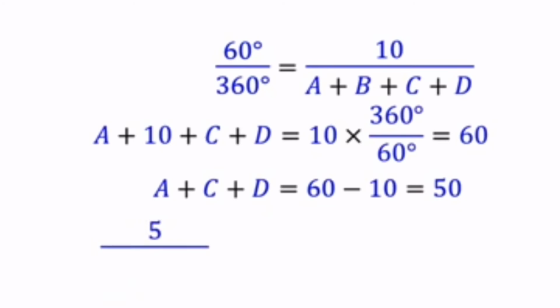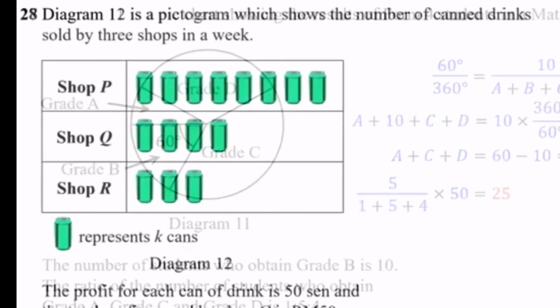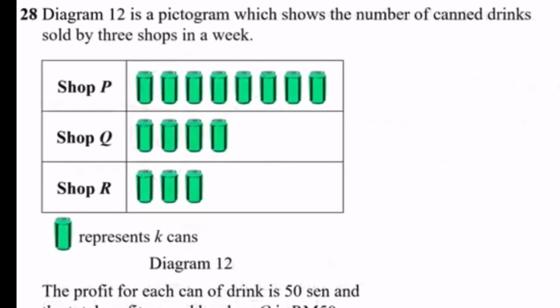Hence the 5 over the total ratio 1 plus 5 plus 4 times 50 will give you the answer for the number of the students. So the answer is 25. So let's discuss the last question.